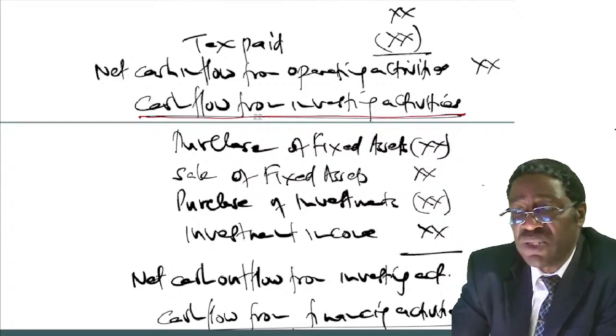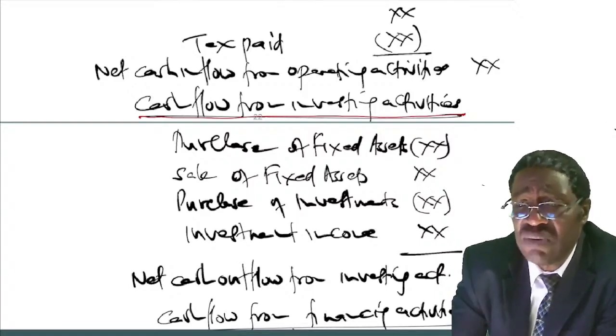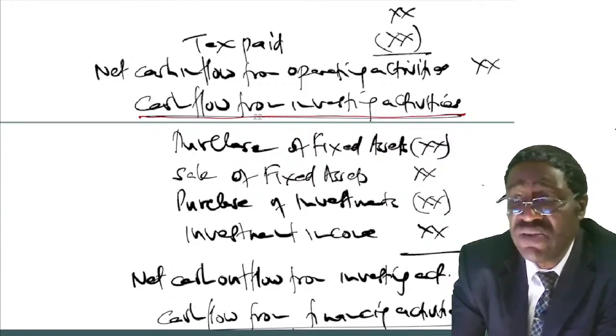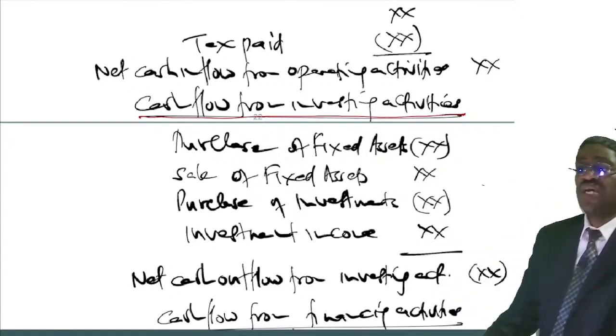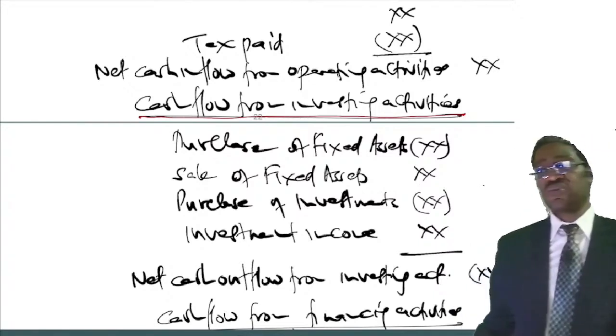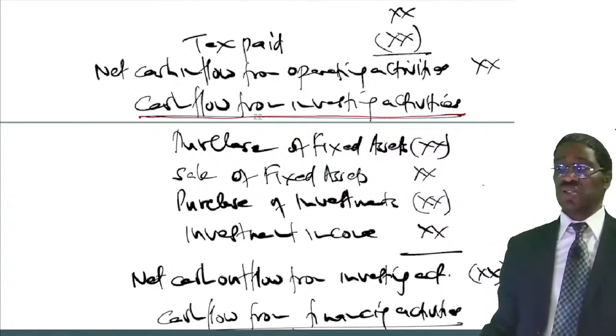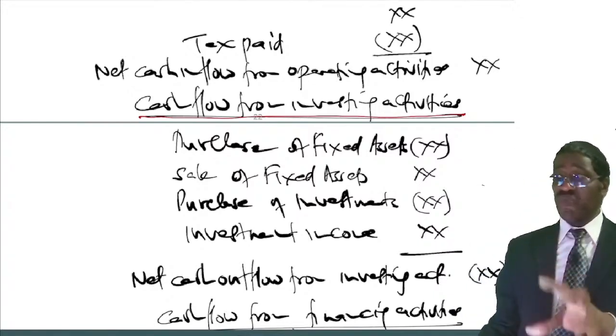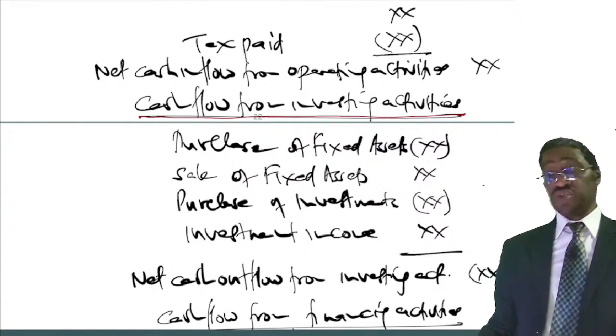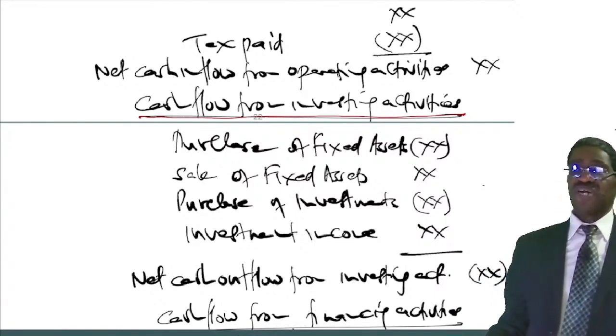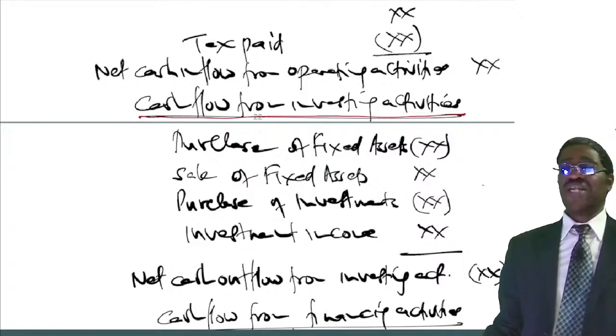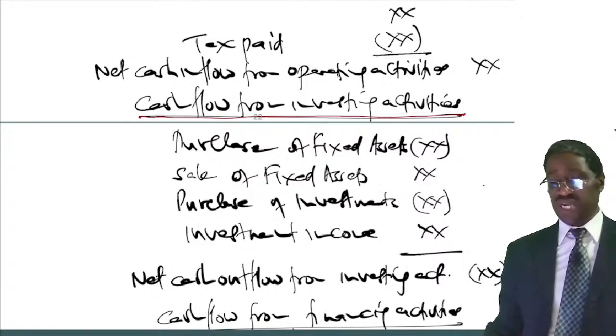So after purchase of investments, we have added some more items there, investment income. Then I said once you get those ones, for example, assuming that's all, get the net of all the investing and push it to the extreme. We have done it, and we have got a negative. I'm assuming it was a negative.